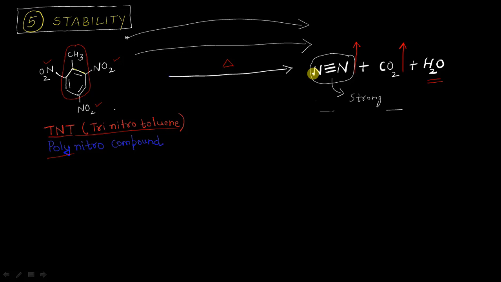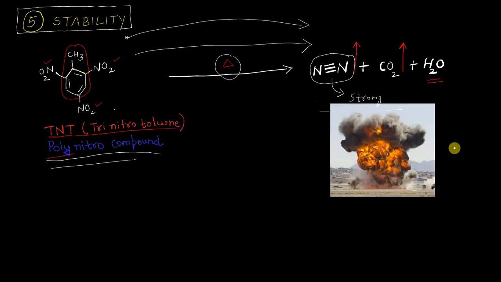But one thing you should not forget is that this is only true as far as some polynitro compound is concerned. It is not true at all for every nitro compound. And one more thing I want to add here is this reaction is explosively fast in nature, that when I treat the TNT molecule with high temperatures, an explosive amount of energy is released in such reactions.